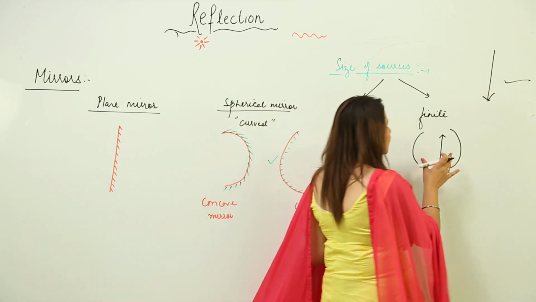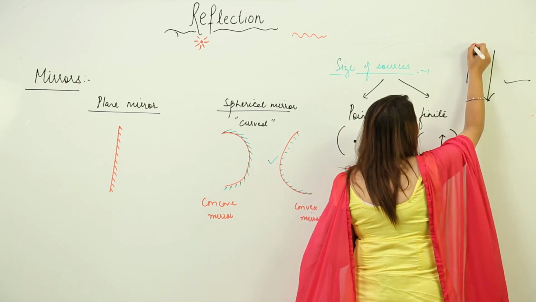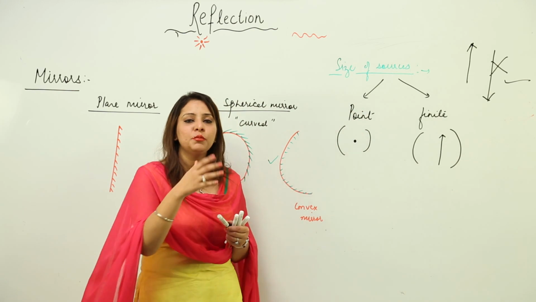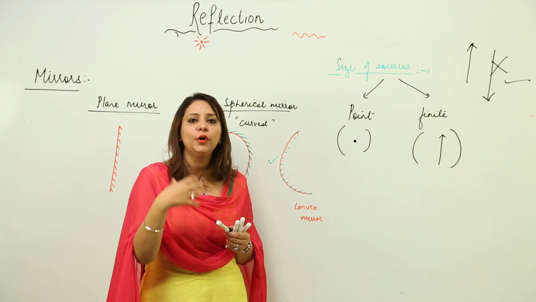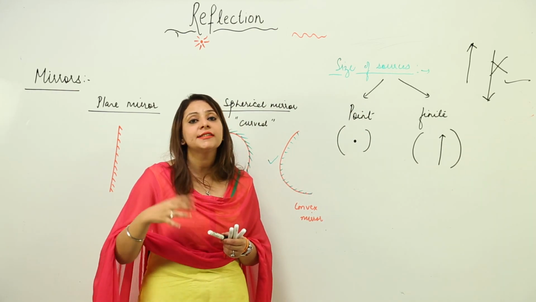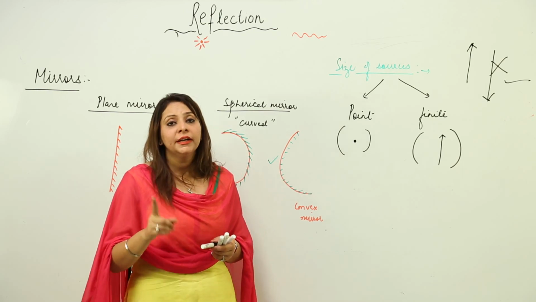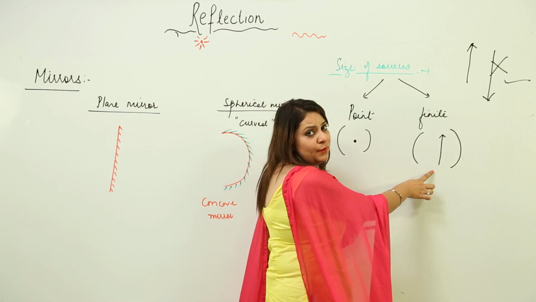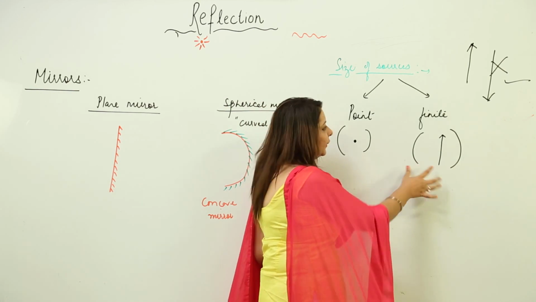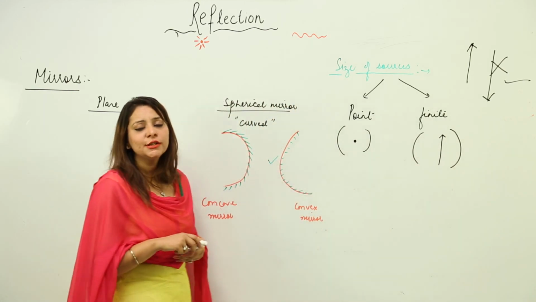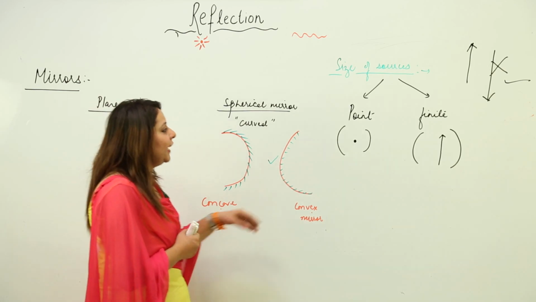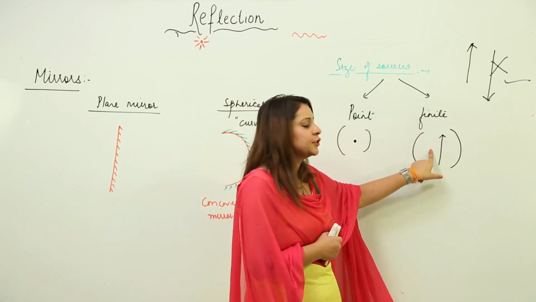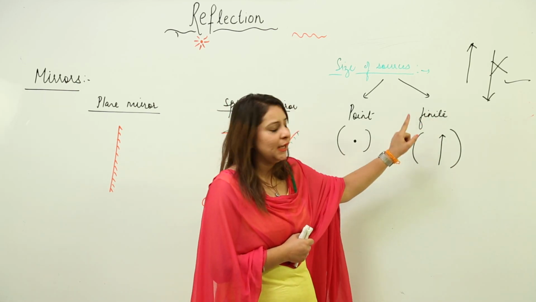Whenever you point the pointer up or down, it signifies a different meaning in the ray diagram, so don't get confused. Just draw a finite source the same way I have drawn it. So depending upon the size of sources, we have a point source denoted by a dot, and a finite source denoted by the arrow pointing upside.